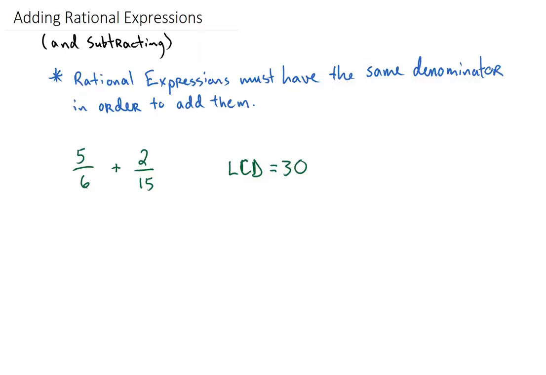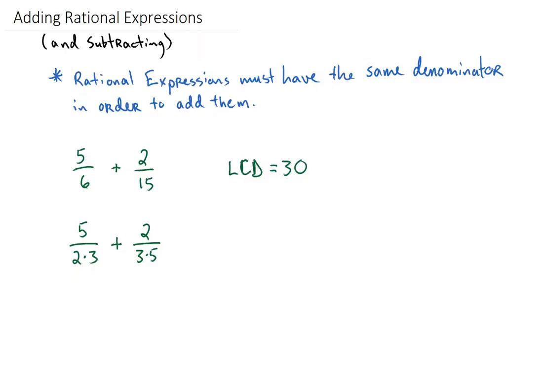We have to factor them to see the pieces of multiplication that's inside of them. So in other words, I'm going to think of 5/6 as 5 over 2 times 3, and I factored the 2 out into prime factors. And I'm going to think of 2/15 as being 2 over 3 times 5 by factoring the 15 into its prime factors so that I can see the pieces of multiplication that's happening inside of them.